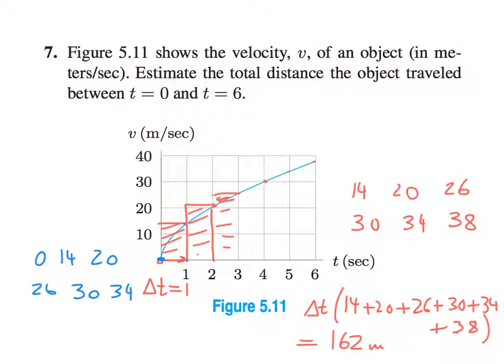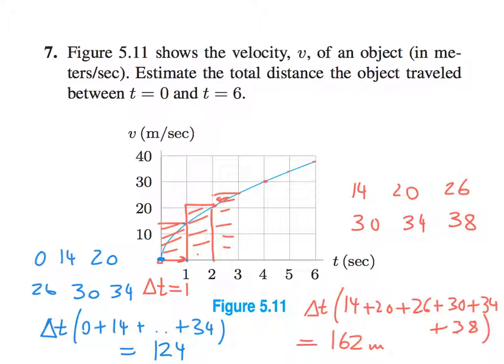It's only that in one case they are at the right end of the first interval, and in the second case, they are at the left end of the second interval. Now if I form the Riemann sum with this, we would have delta t times 0 plus 14 plus and so on, all these numbers up to 34, and we would get 124.